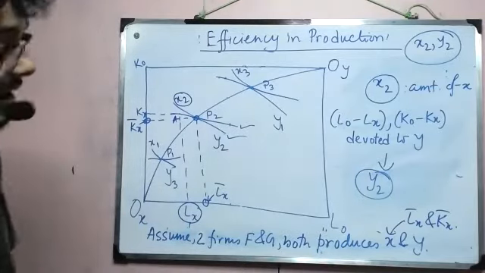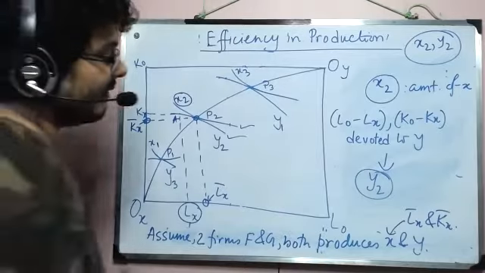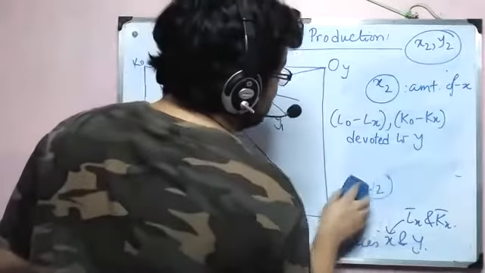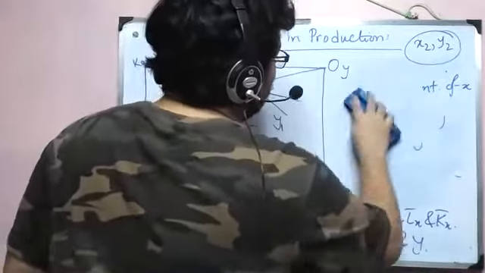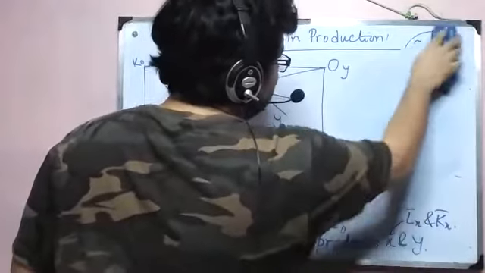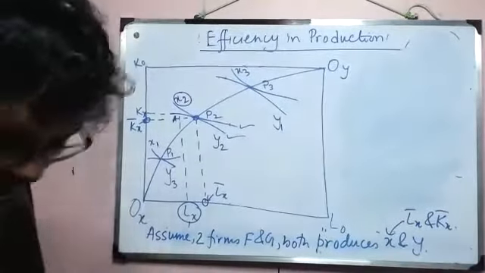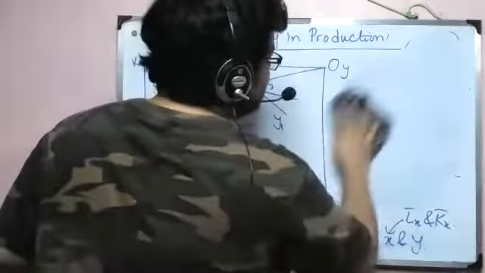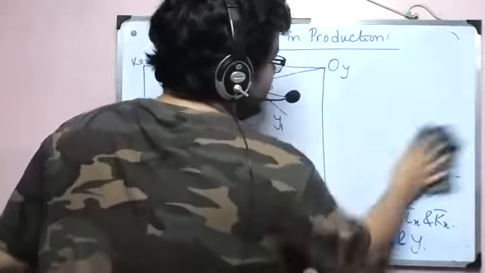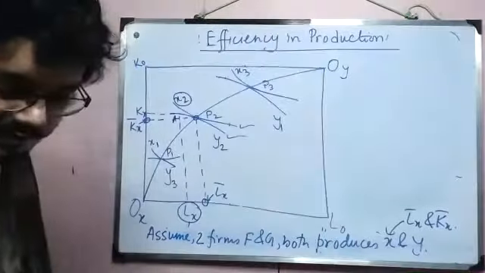Let me say it again because this question is important. What I'm trying to say is how Lx bar and Kx bar will be divided between F and G, right?